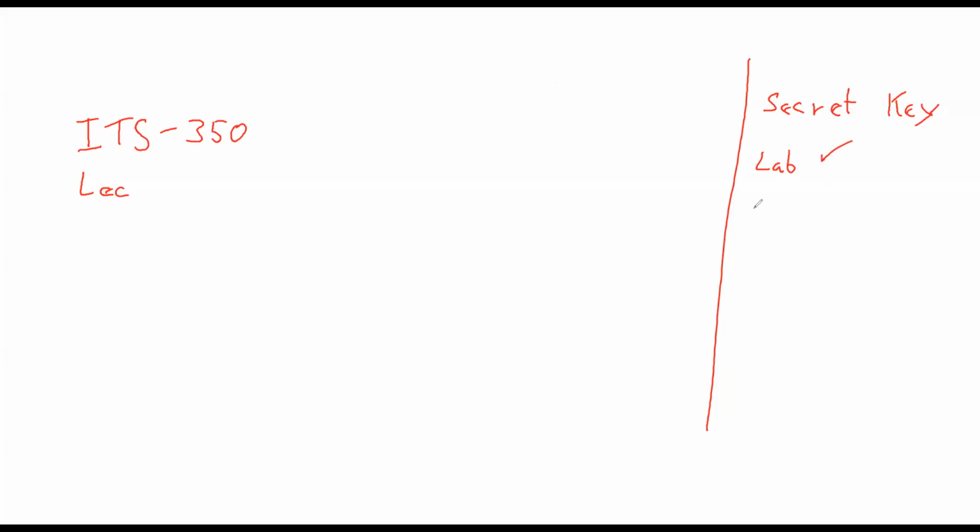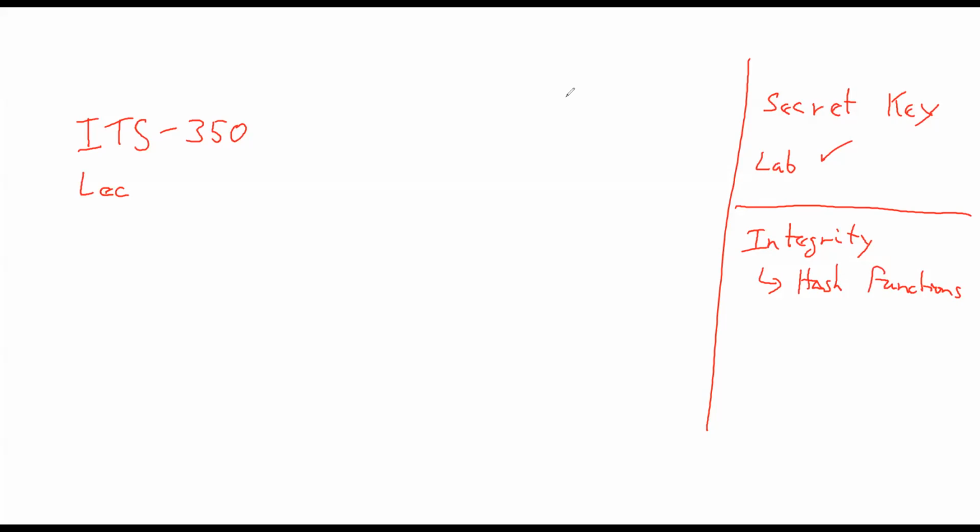And then this week we have a new lab. It's going to be related to the principle of integrity. That basically means hash functions, which is another one of the primitives of information assurance.